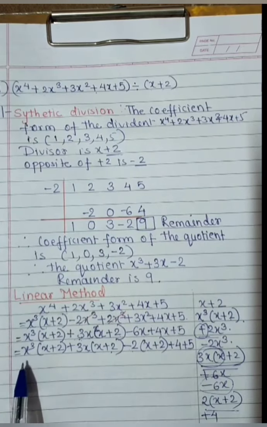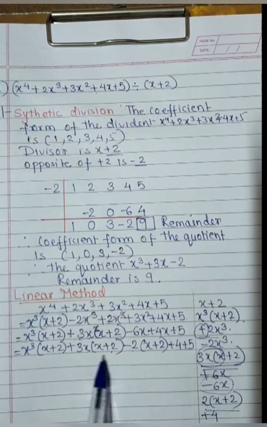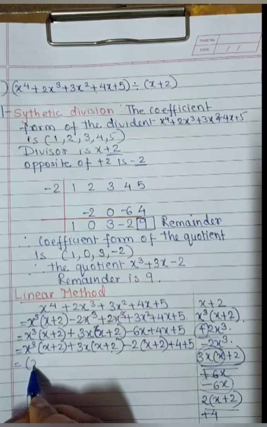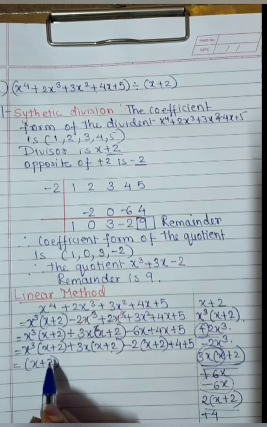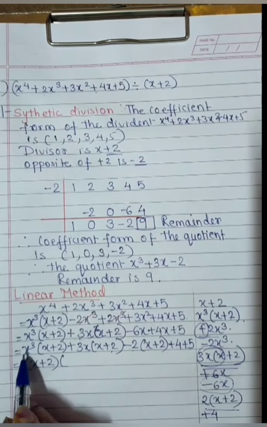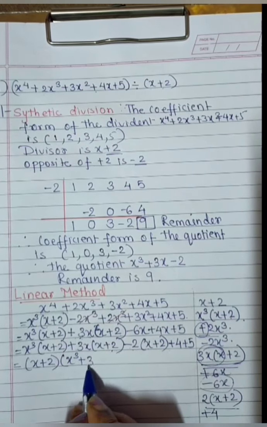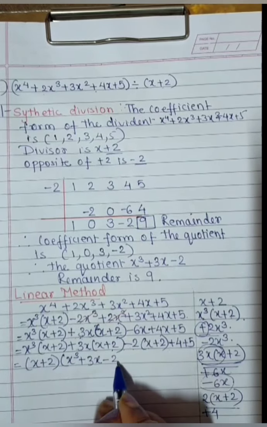Now here you can see we have 3 as a common factor, so we will write x plus 2. The next step we will write x cube plus 3x minus 2.